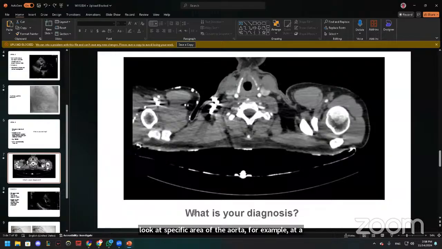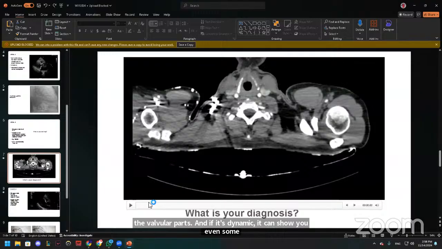So you can define exactly the orifice of, in this case, the right coronary or the left coronary, and if it's involved or not involved with that particular dissection. But the general principles, of course, this is a contrast study, so you'd be able to look at the venous structures as well as the arterial structures and the valvular part. And if it's dynamic, it can show you even some of the regurgitation and quantify that as well.